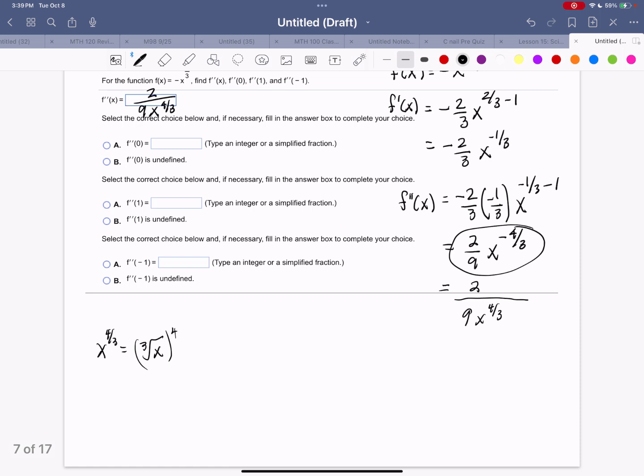So if I do second derivative at 0, I get 2/9 over 0 to the 4/3. And you'll notice that that gives me 2/0. Well, that's undefined, right? 0 denominator is always undefined.